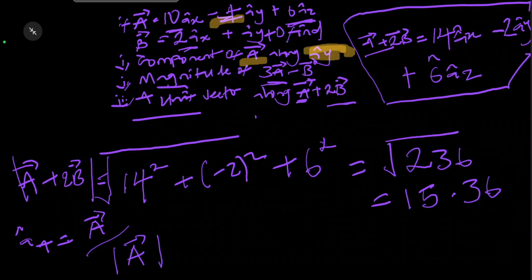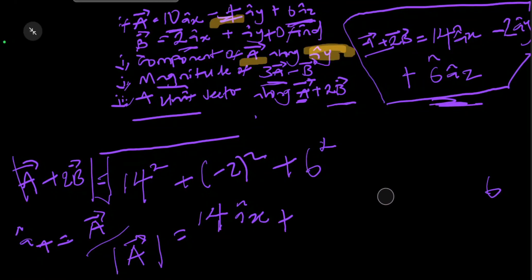This is the sign for magnitude. So we have our vector, which is this, as 14, and let's not forget the unit vector, plus, let me just wipe this so we can have space to write.